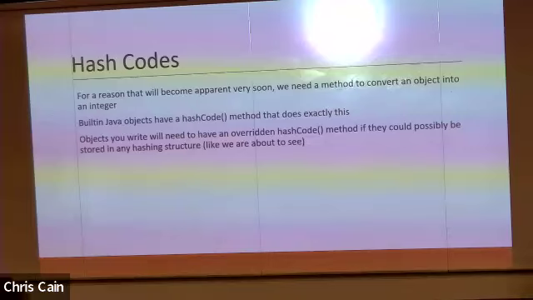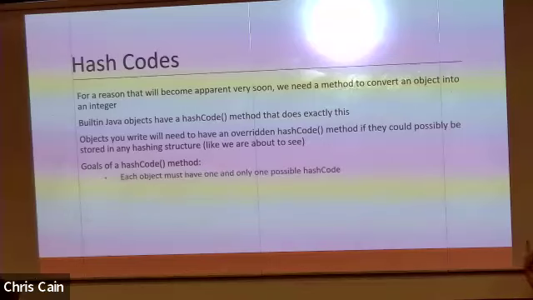So if you're writing a hashCode method, what do we want to be or even need to be true? What is the purpose of that hashCode? What do we need to ensure as we write this so that the underlying goal is met? So the first one, every single object needs to have one and only one possible hash code, not necessarily unique.